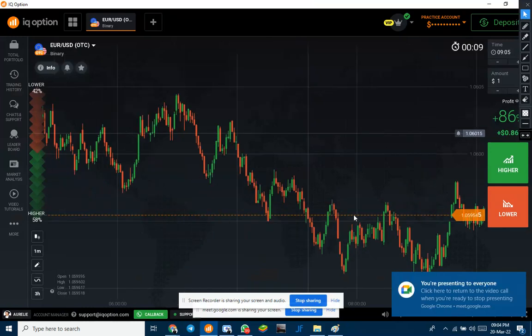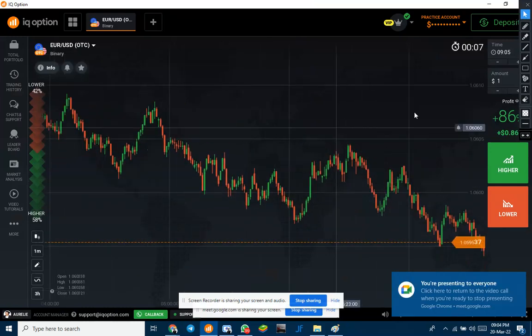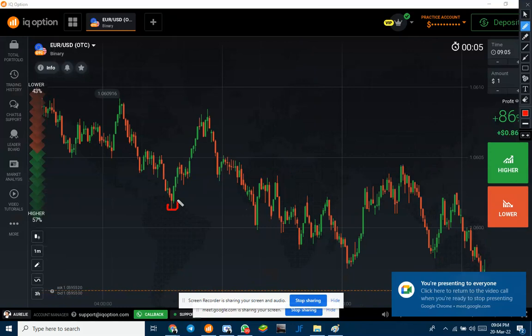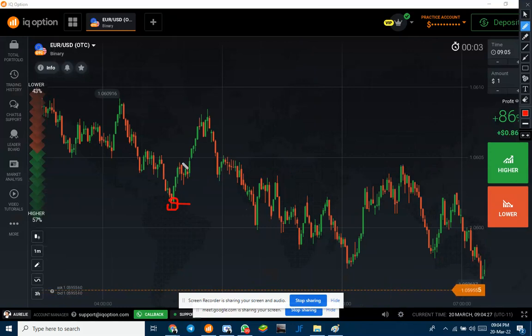Take for example this level here. When price reversed from this level, it came here. The price was trapped around this area. Finally the buyers succeeded in pushing the price much further. If you check on the left side, where do you find the next level? This level. Also, we have some trap zone here.